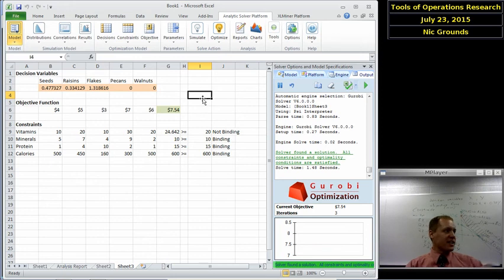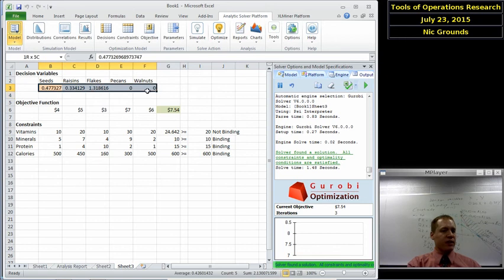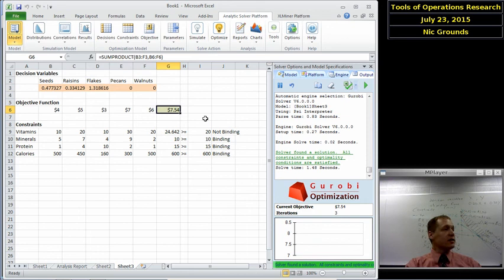That is, more flakes than anything else, no pecans and walnuts. That's the pattern of the optimal solution. That's sort of a text or a word description of what the optimal solution looked like. Okay, the optimal decision variable values. Okay, the optimal cost, objective function, $7.54.